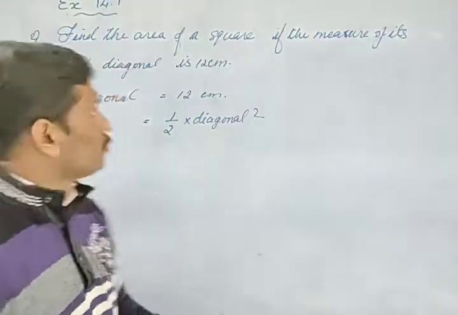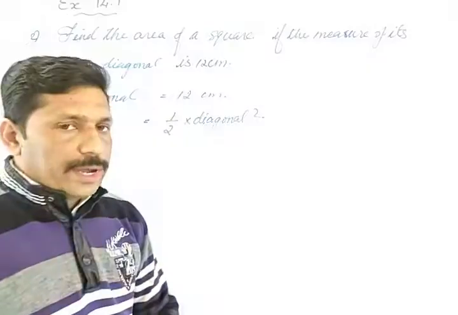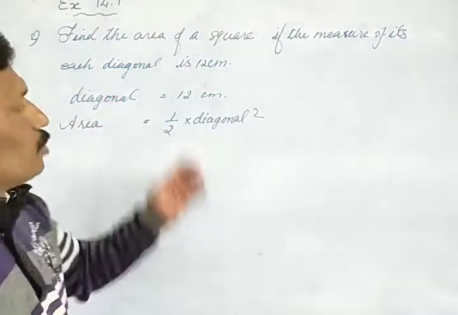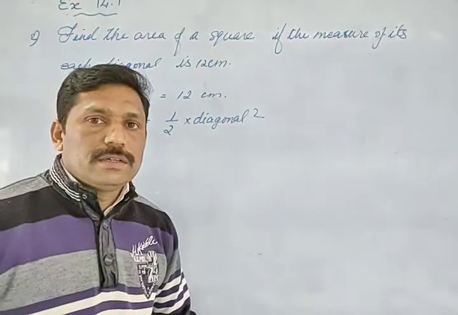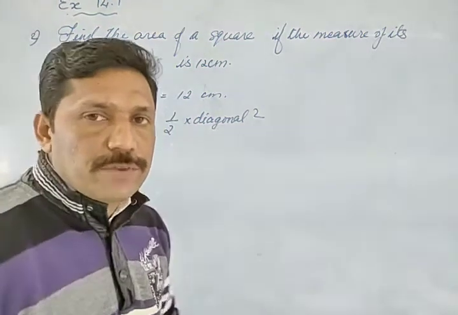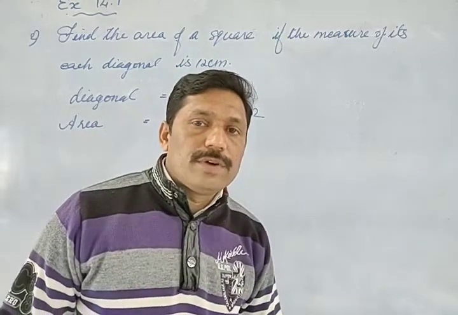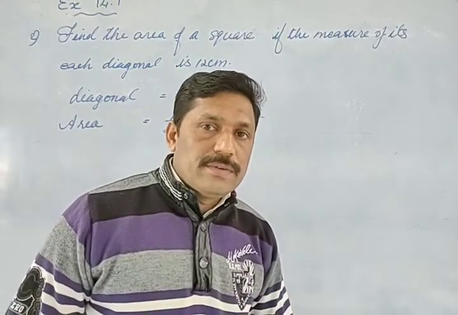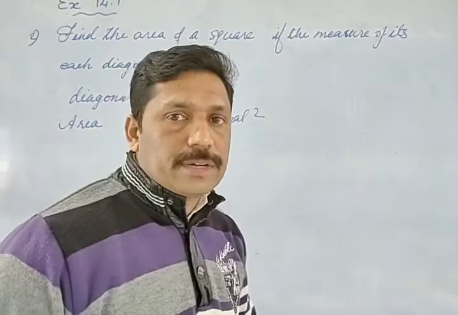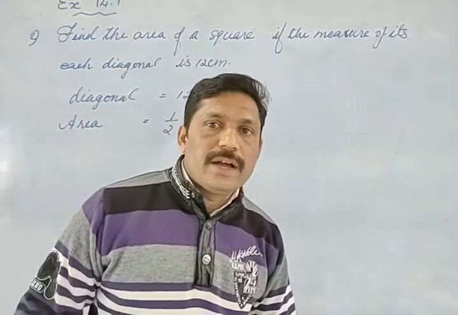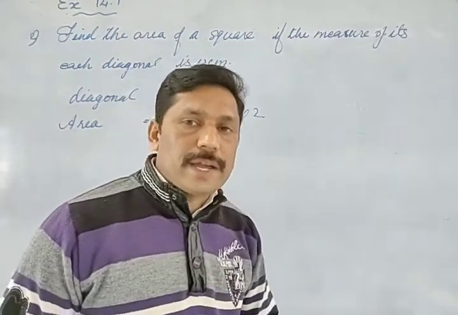Question second. Find the area of a square if the measure of each diagonal is 12 centimeters. Area of the square, if side is given, the area of the square is side into side, side square. But here side is not given, its diagonal is given. When the diagonal of a square is given, to find out its area, we use the formula half into diagonal square.